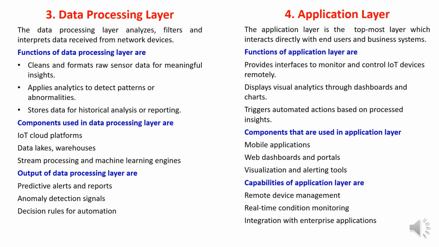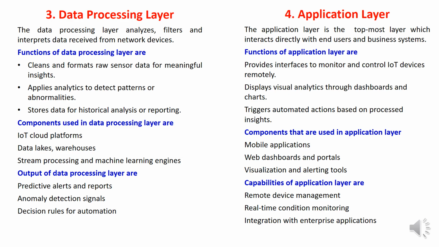Functions of data processing layer are cleans and formats raw sensor data for meaningful insights, applies analytics to detect patterns or abnormalities, stores data for historical analysis or reporting.